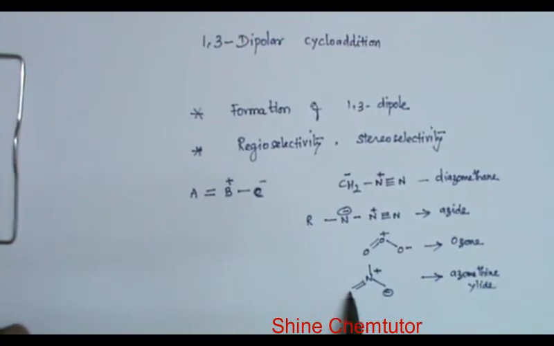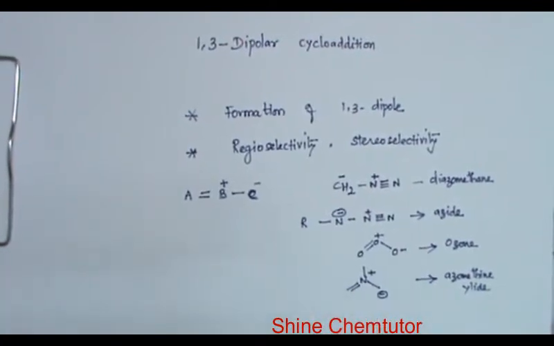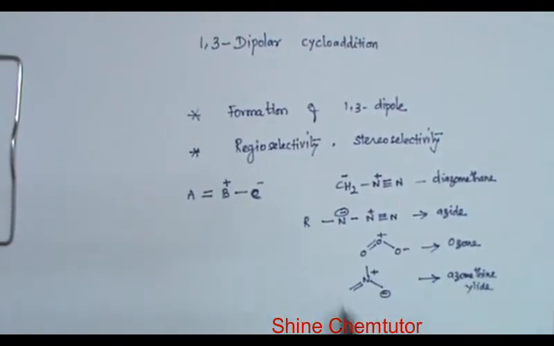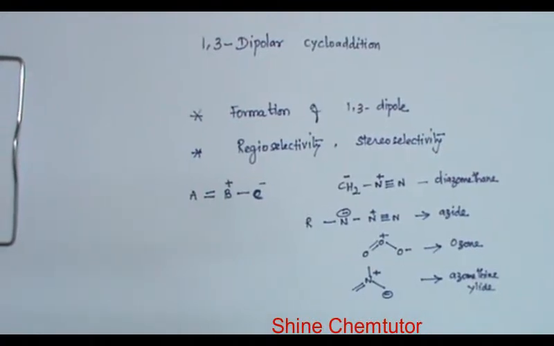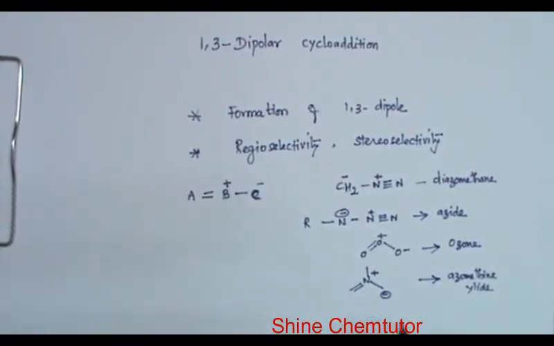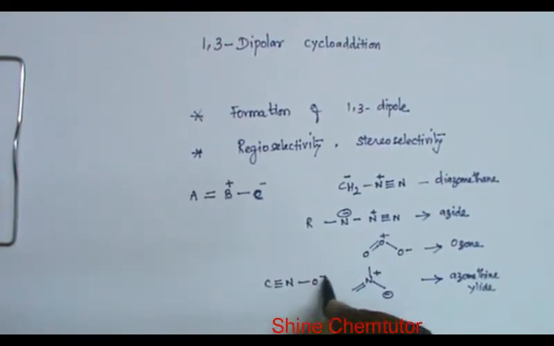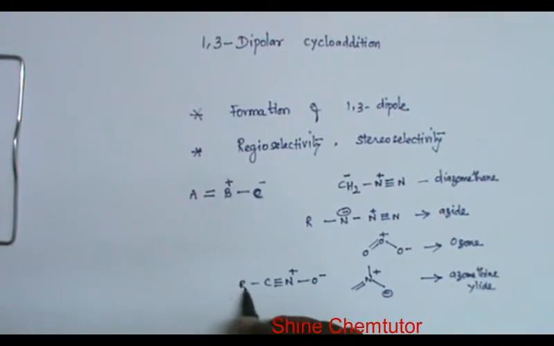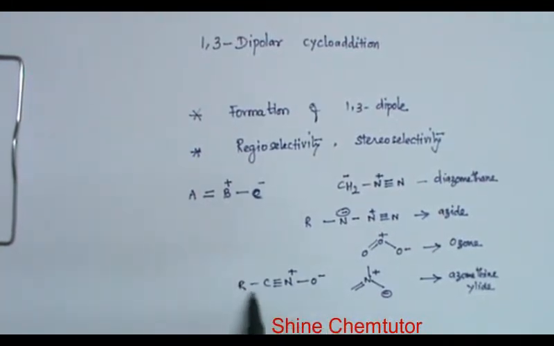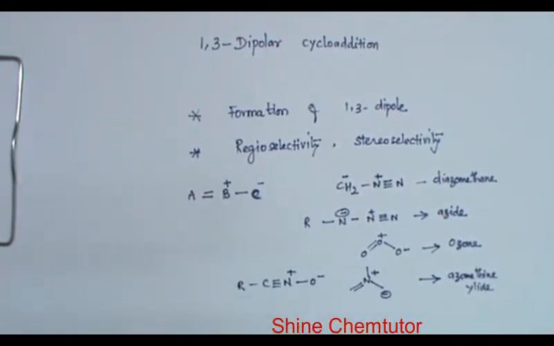This is methine and it is nitrogen. So azo for nitrogen, methine and ylide. Another one, nitrile oxide. If it is RCN, that is nitrile, it is nitrile oxide.